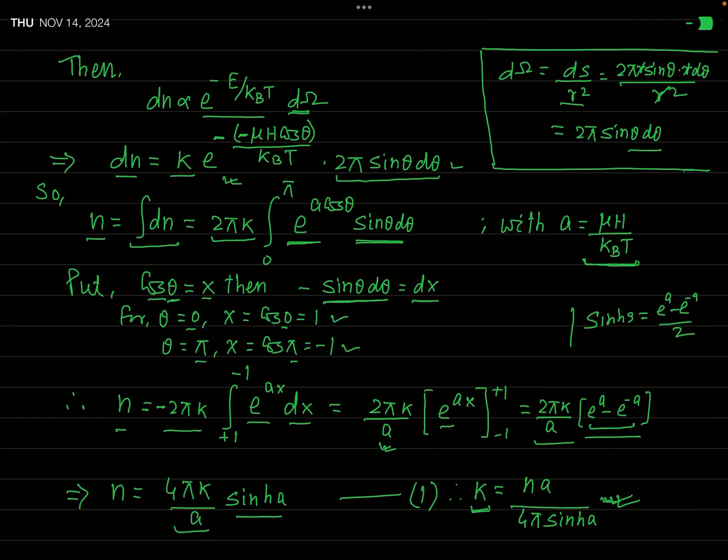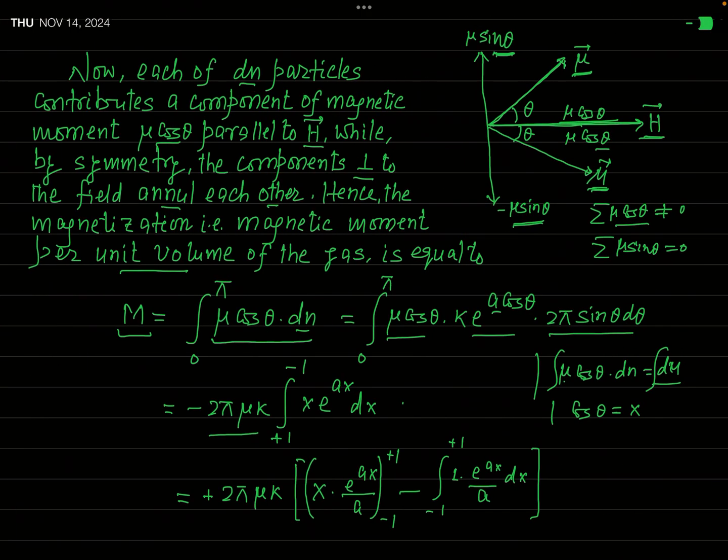We have seen how we can find the limits here, and this mu cos theta, mu is outside, but cos theta is equal to x, and e to the power a cos theta, but cos theta is x, so this is e to the power ax, and instead of this sin theta d theta we will write minus dx, so minus sign is here and dx has been written here.